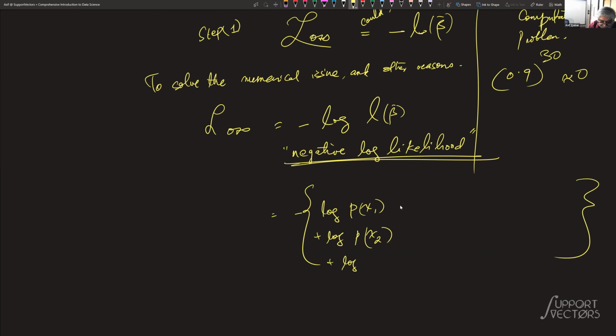Plus log, suppose these are positive cases, x3, and say there is a negative case. For the negative case, what do we do? So positive cases and negatives, 0.